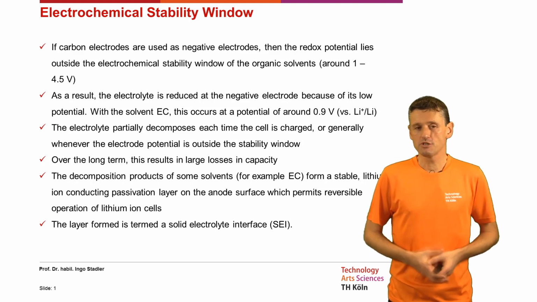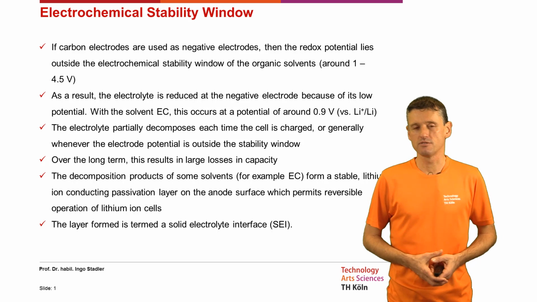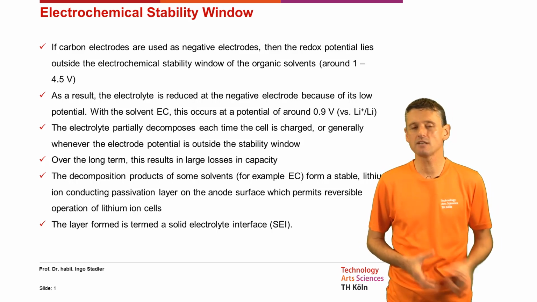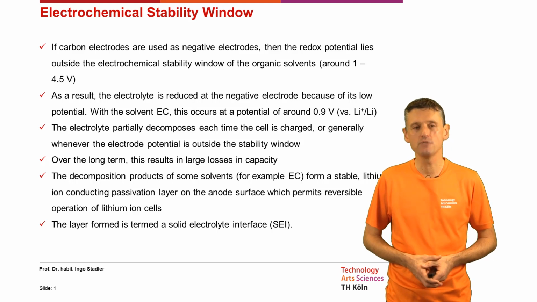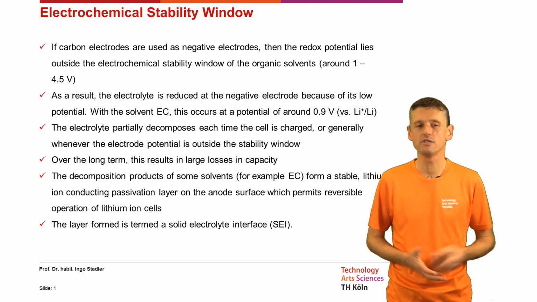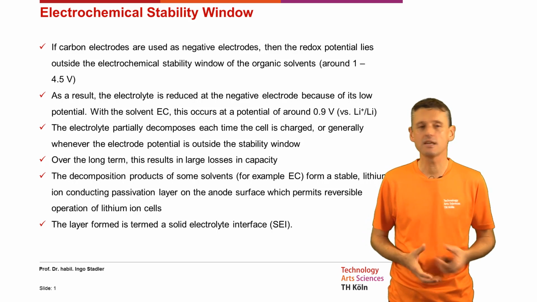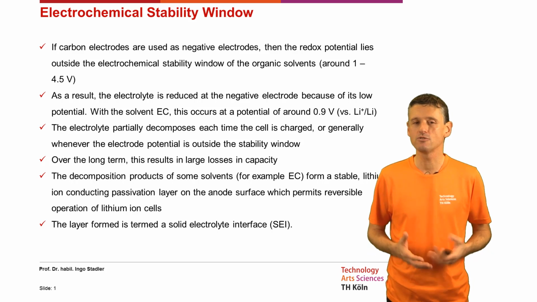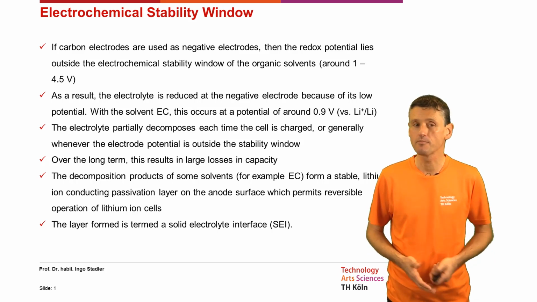The decomposition products of some solvents, for example EC, form a stable lithium-ion conducting passivation layer on the anode surface, which permits reversible operation of lithium-ion cells. This layer formed is termed a solid electrolyte interface, SEI.